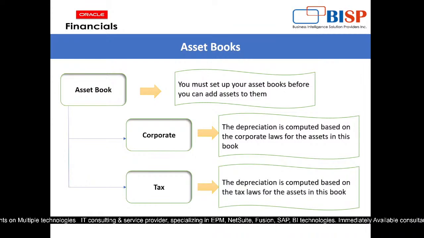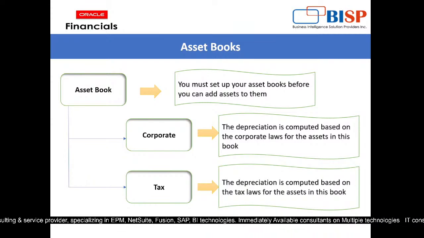Same way, for tax purposes, we can have a different book, the tax book. In the tax book, the depreciation is computed based on the tax laws for the assets that are placed in that tax book.